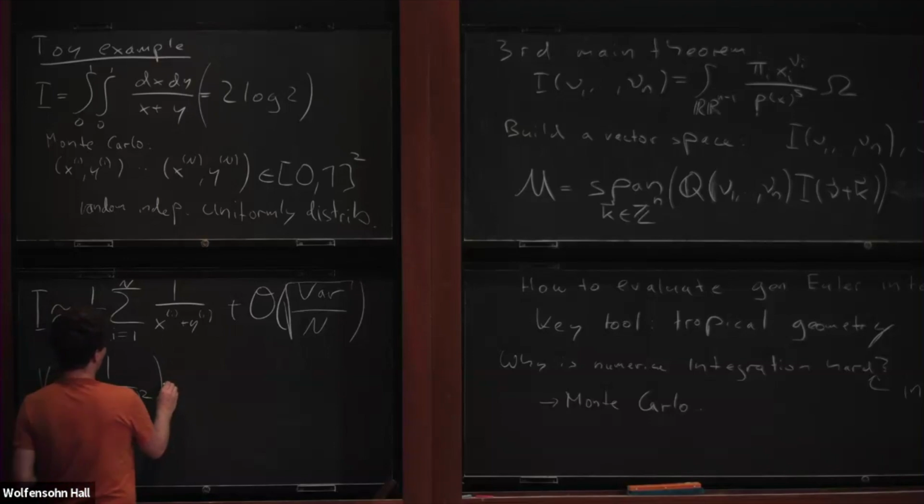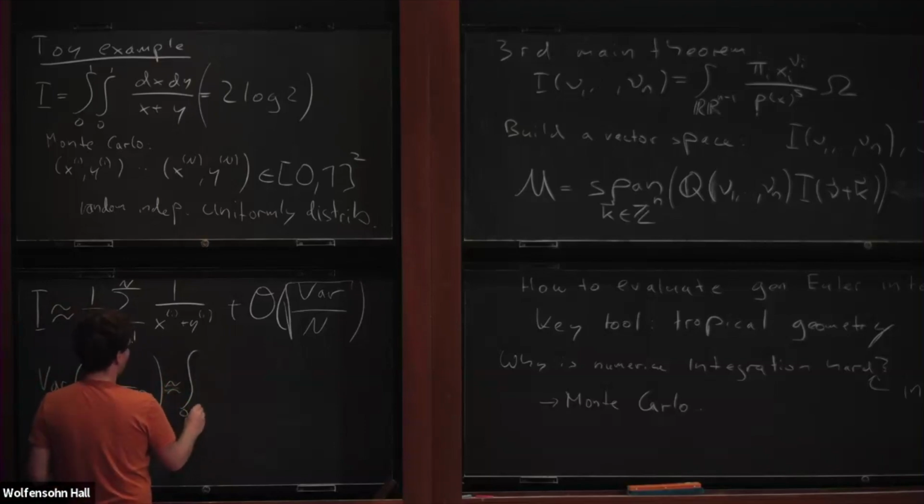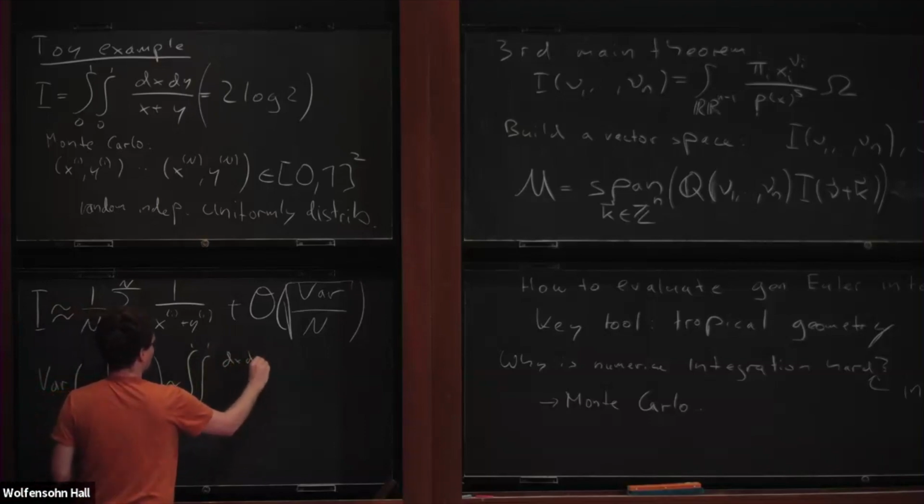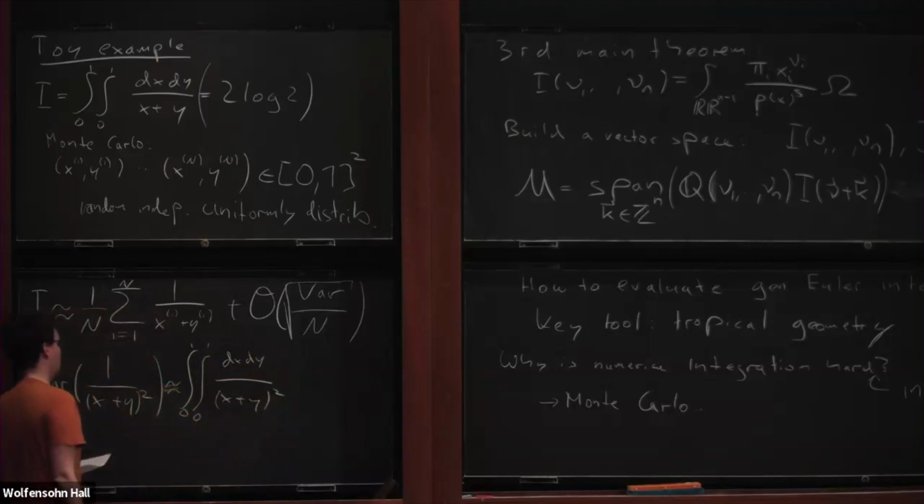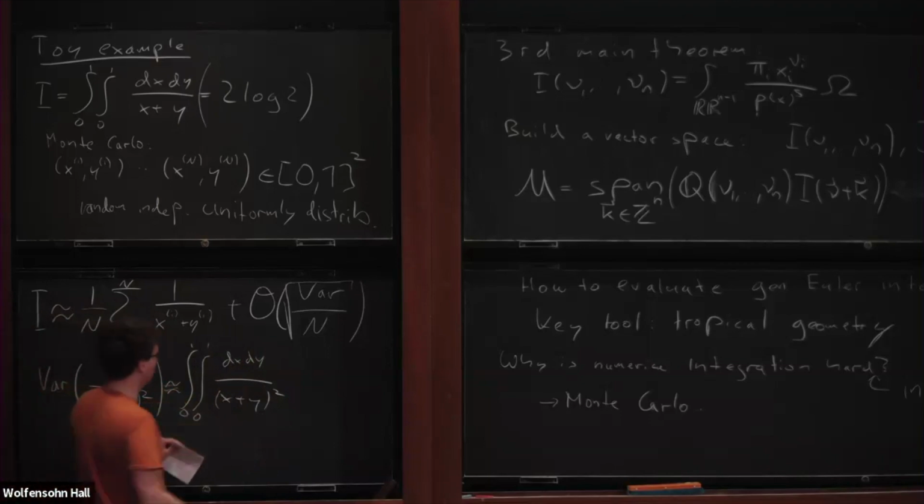And this integral, it's not quite the same, but effectively it's the same as integrating again over the square, but we square also the integrand. And you can check that this integral is infinite.